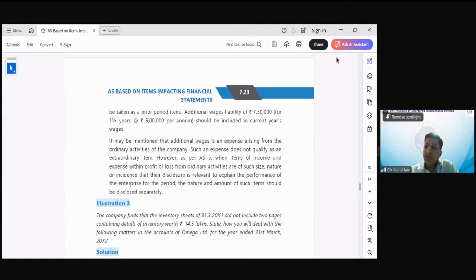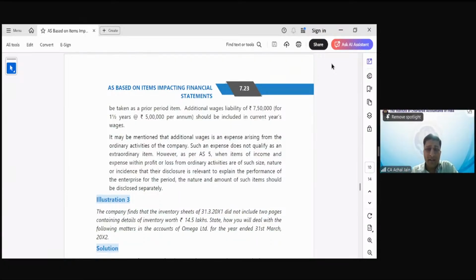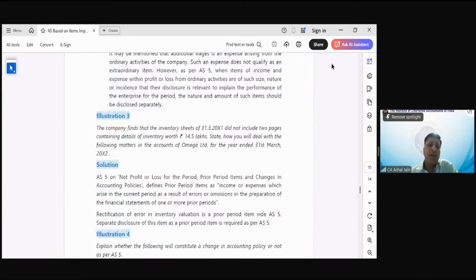Answer is yes. So this error will have to be rectified in the current year. So how do you rectify this? We'll call it as prior period item. Okay. We'll have to present it separately. We'll have to give a disclosure for the same. Okay. Clear on this? Yeah. Any questions so far? Everyone clear? Okay, great. Soumya, Janvi, they are clear.